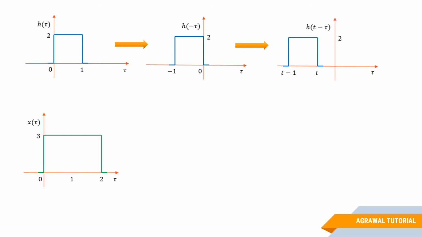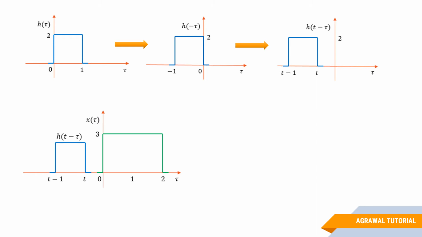So, let us find the overlapping regions. Case 1 is when signals are like this. Now, in this situation, that is, when t is less than 0, clearly no overlapping occurs as the signals are far apart from each other. So for t less than 0, no overlapping occurs.